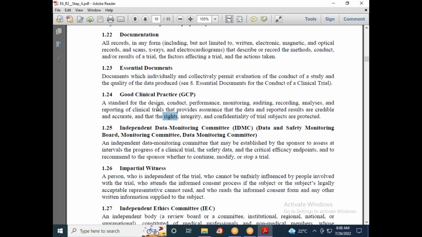So this is a very good way of designing a trial, conducting a trial, performing trial-related activities, monitoring, auditing. GCP is the standard way of doing all the activities that are part of your clinical trial. Whenever you are following standards, the quality of the outcome will be very good. Just like a brand: whenever I say brand, it means they maintain certain standards.